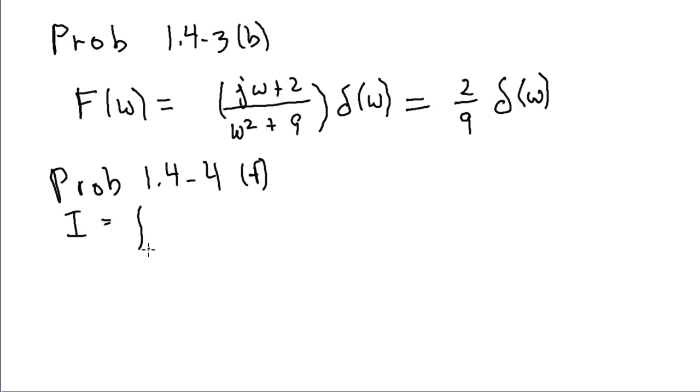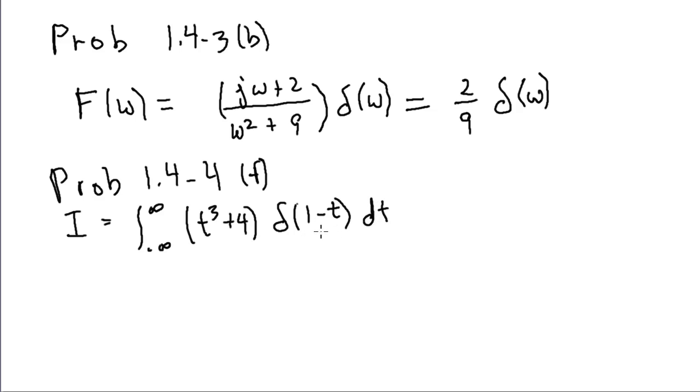We're integrating from minus infinity to infinity of t cubed plus 4 times delta of 1 minus t, dt. Okay, now this one's a little tricky.